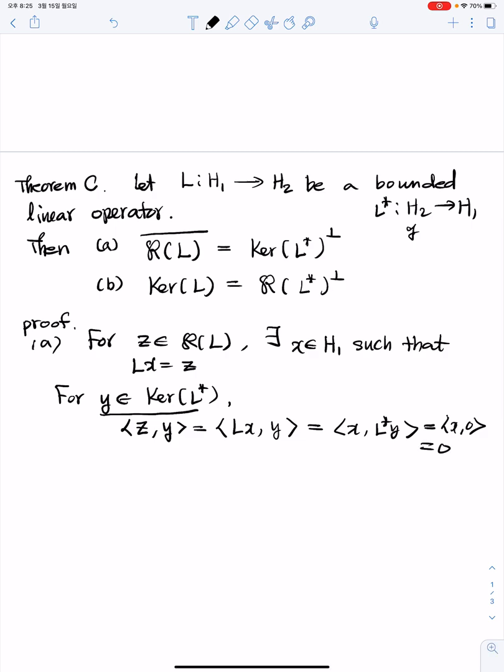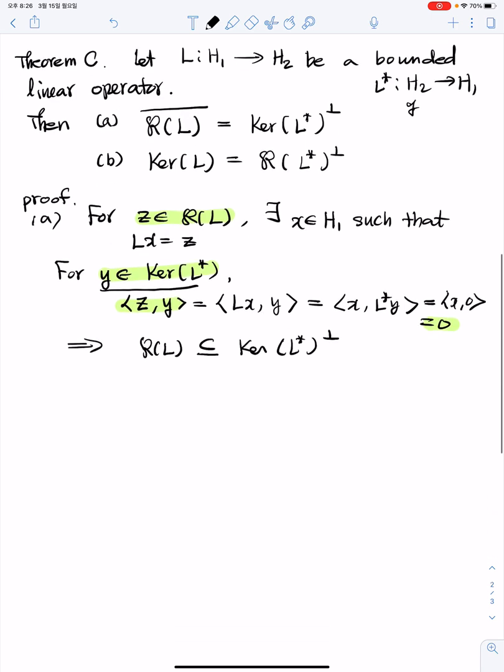Okay. That implies that any element here is orthogonal to any element there. So we conclude that the range of L is a subspace of the orthogonal complement of the kernel of L star. Okay.